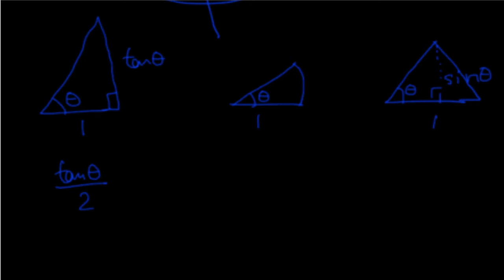We know the area of a sector is 1/2 r squared times theta. The radius here is 1 and the angle is theta, so we say theta over 2. The last one is a triangle with base 1 and height sine theta, so the area is sine theta over 2.